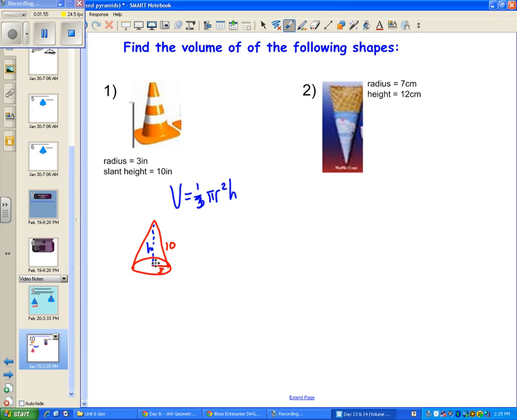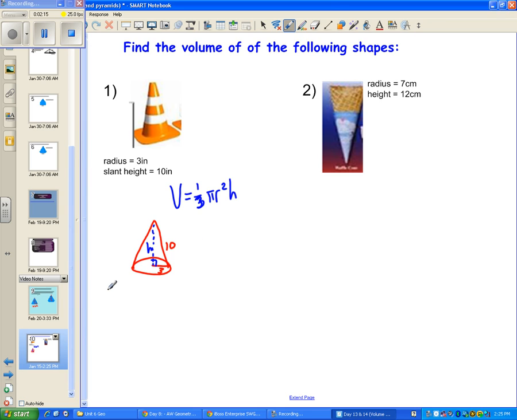Remember that I just said that the height and the base meet at a 90-degree angle. So I can make a right triangle out of the height, the radius, and the slant height. With that right triangle we can use the Pythagorean theorem to find h.